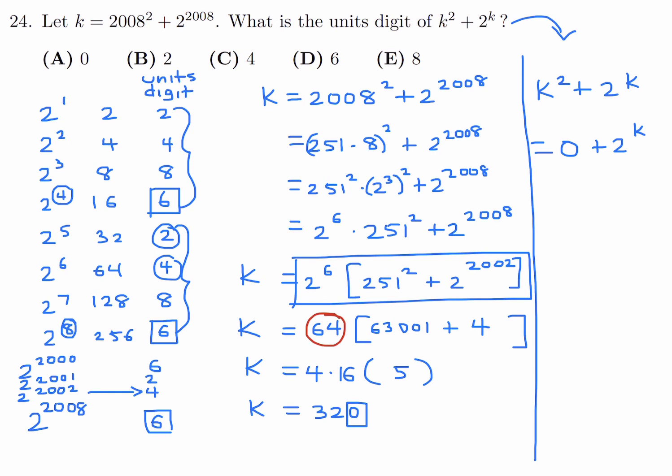And what is 64? It's 4 times 16. So that means that k is a multiple of 4. And therefore, this will have a units digit of 6. So this just becomes 0 plus 6, which is 6. And therefore, number 24, the answer is D.